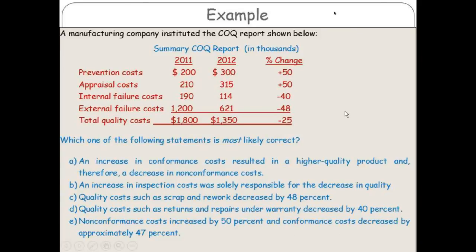Okay, A, B, C, D, or E. What's the answer?